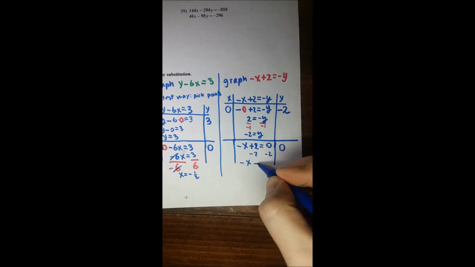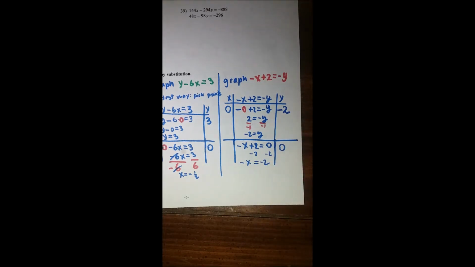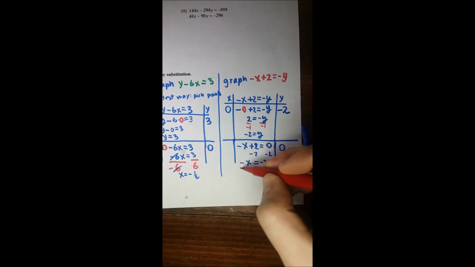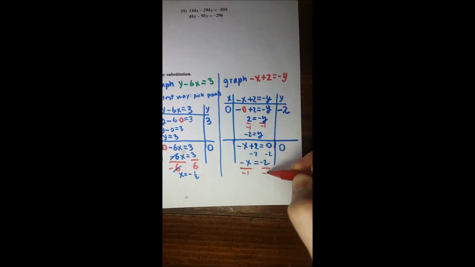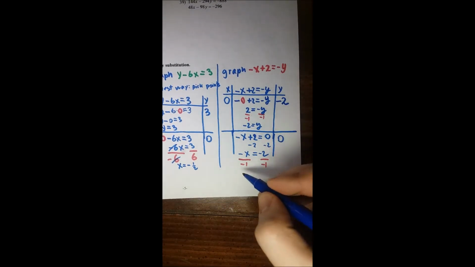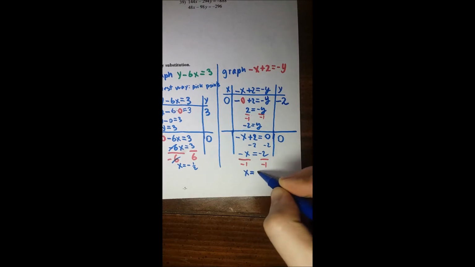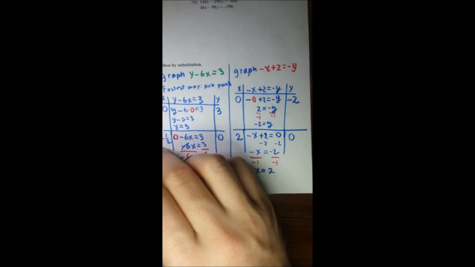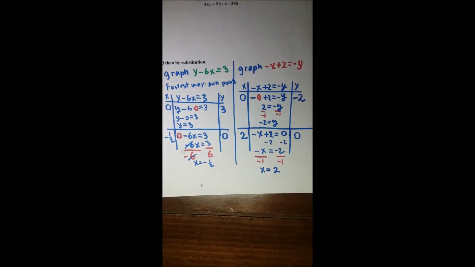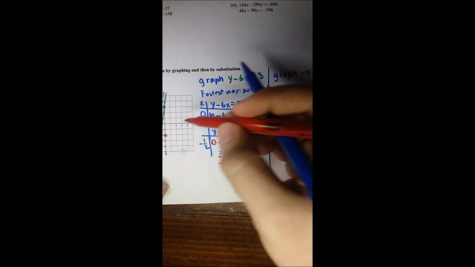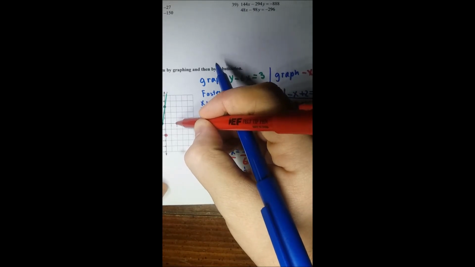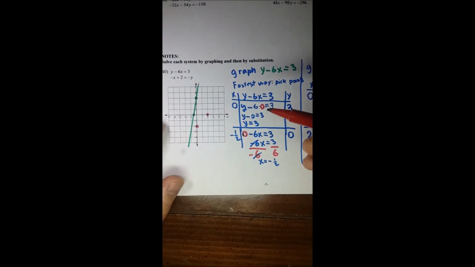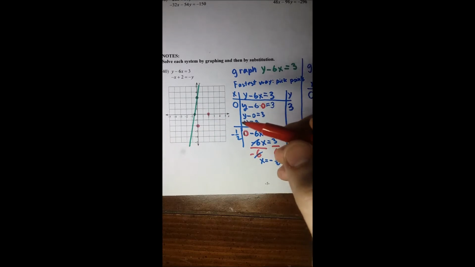Negative x equals negative 2. We're almost there. We don't like the negative in front of x, so we can divide both sides by negative 1, and you're going to get x equals positive 2. So my other red point is going to be 2 comma 0. So 2 comma 0 is right here. Okay, so now I have my two points, and I'm going to go ahead and connect the two red dots.